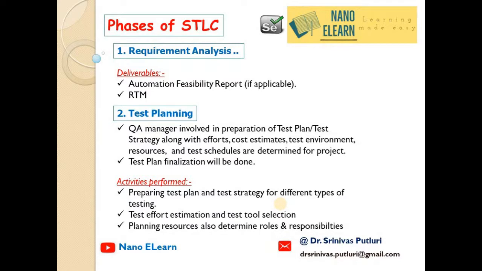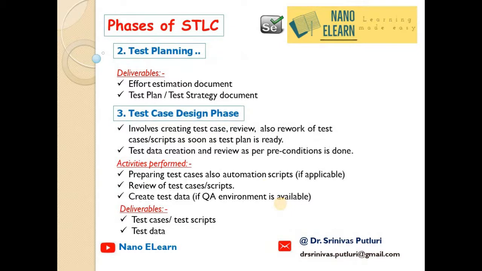Activities performed: preparing test plan and test strategy for various types of testing, test effort estimation and test tool selection, planning resources, also determining their roles and responsibilities. Deliverables are effort estimation document, test plan, test strategy document.